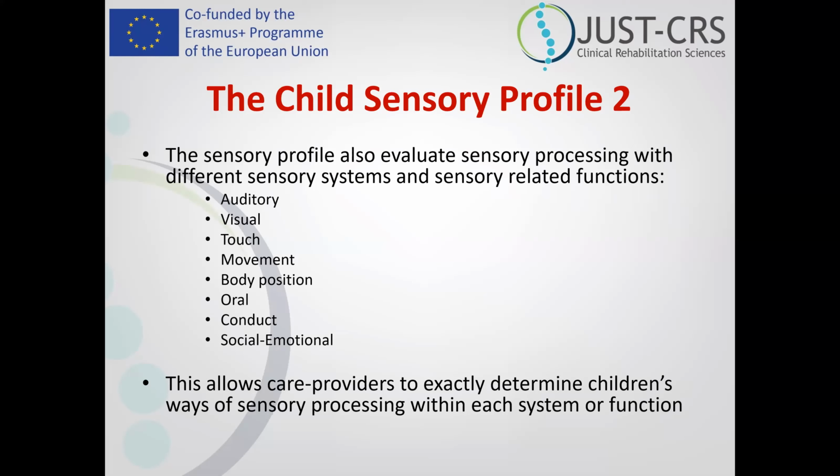So we can know exactly in which sensory system the child has sensation avoiding. For example, the child may show avoiding patterns in the auditory or visual sensory systems, whereas in touch and movement, he's just like other children. His scores fall in the category of other children.